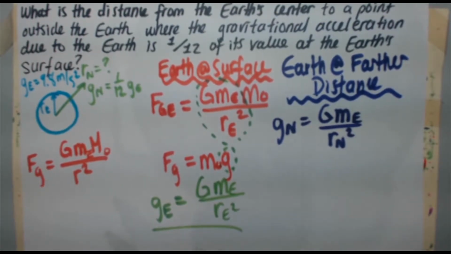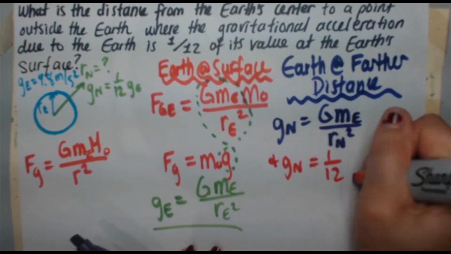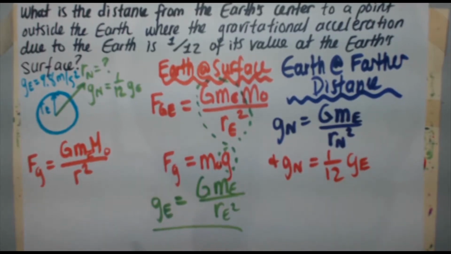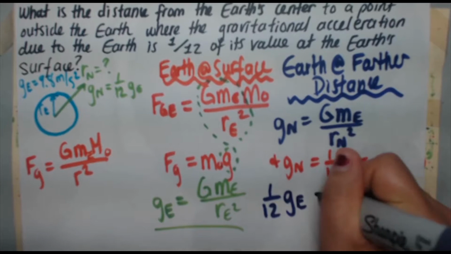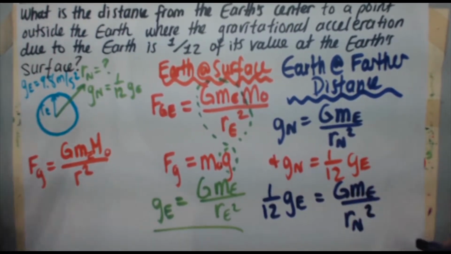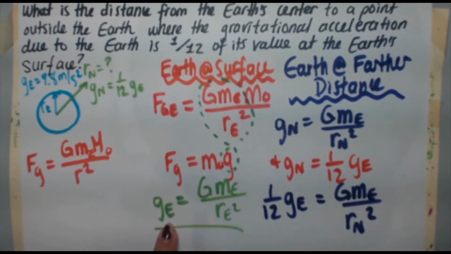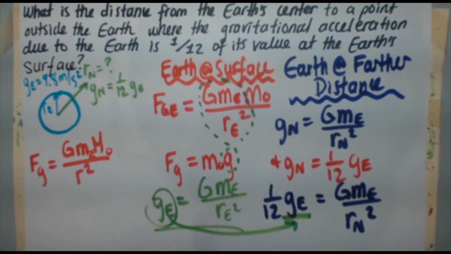And we also know that g_n is equal to 1/12 g_e. So I'm going to make that substitution for g_n there. I'm going to plug that in. So 1/12 g_e is equal to G m_e over R_n squared. Now, there's g_e. I'm going to plug in this g_e over here and simplify.